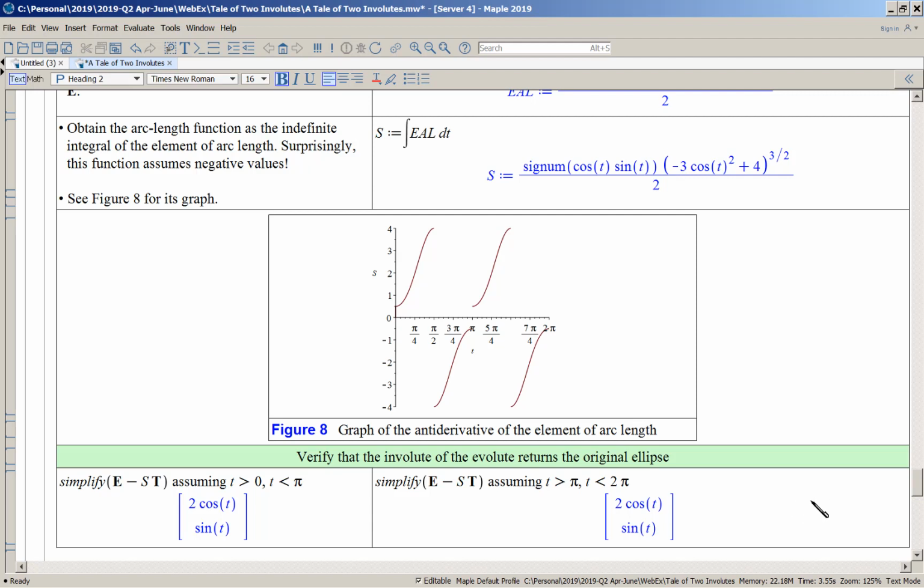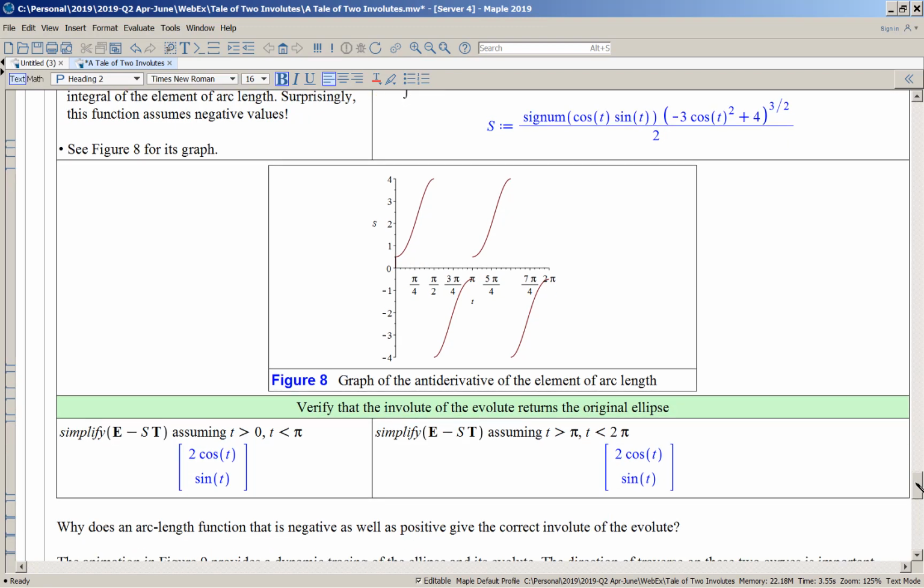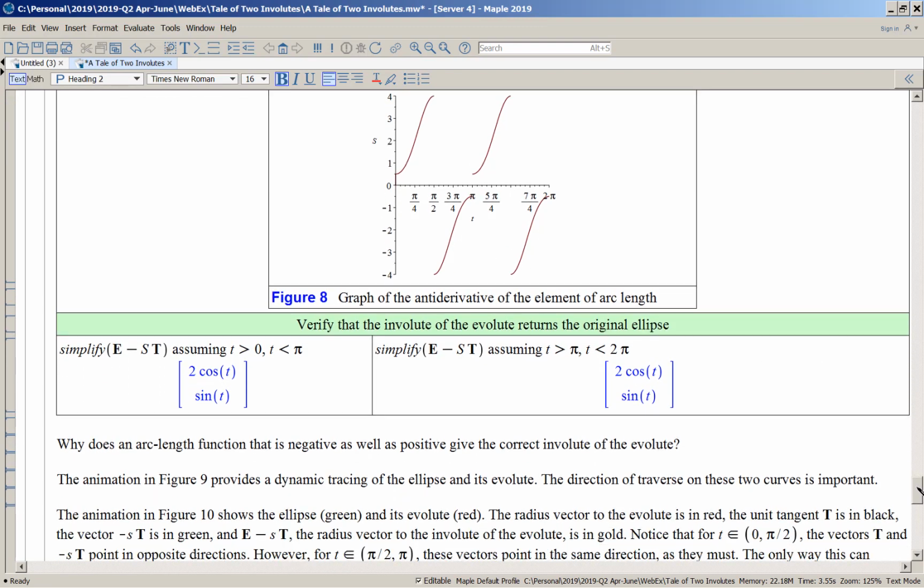So by skipping the singular point, you can at least see that when you're away from the singular point, you get the result you want. And then otherwise you have to take limits, and you're just going to get this messier than it needs to be, because I'm just trying to get an idea across here. But what bothered me was, why does this negative stuff work? Why did it take this negative arc length to make this work?